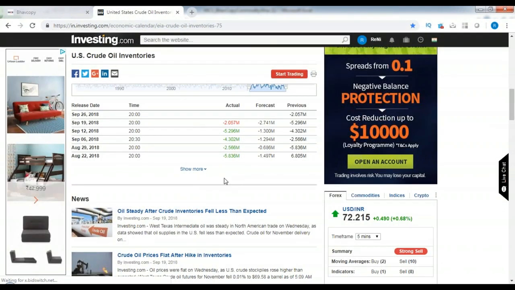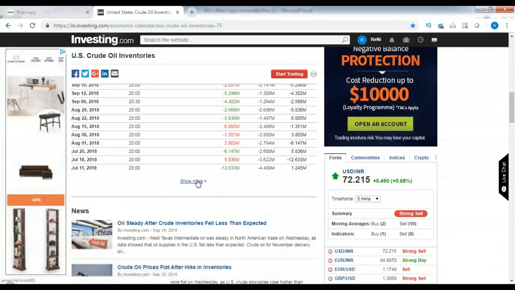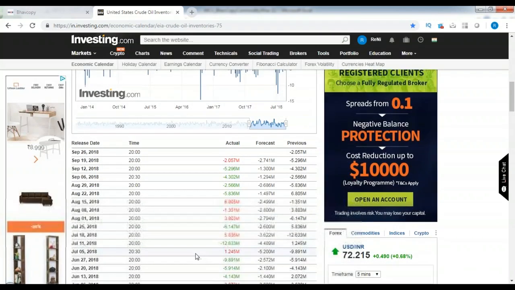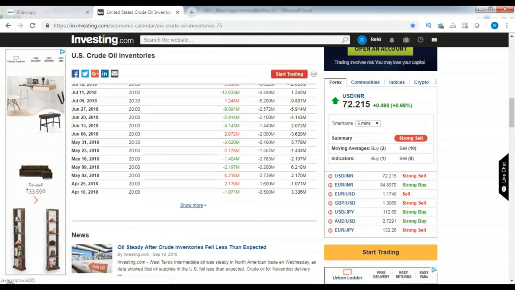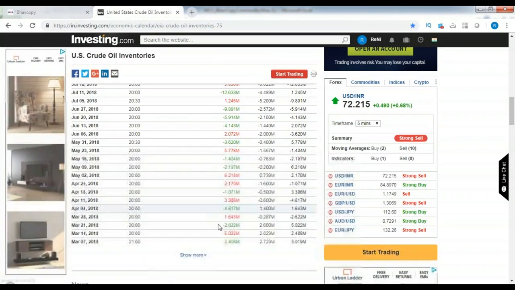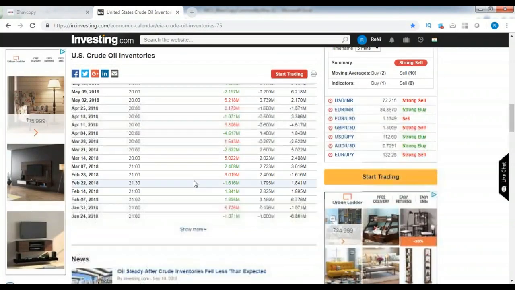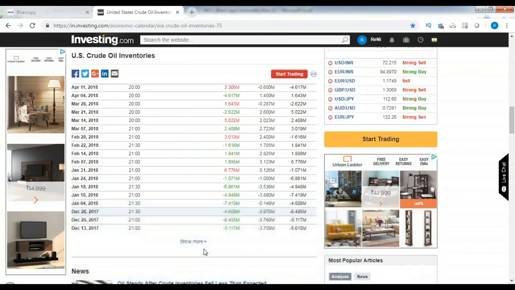Okay, so this is the inventory data, correct? So show more. Let's see if I'm able to go till February 2017. Let's see if the data is there.